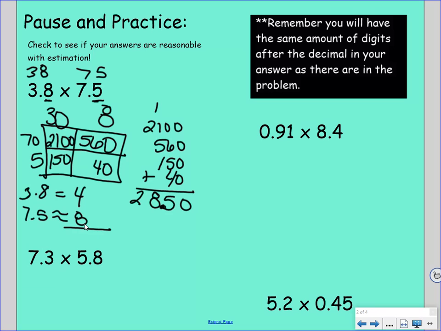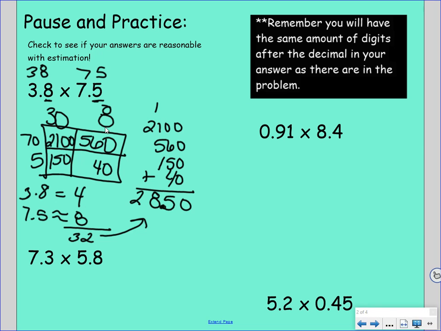What is 4 times 8? 32, which is not too far off from 28. So I'm going to think, okay, this went up quite a bit. 7.5 turned into 8. So I'm thinking this is still a pretty reasonable answer. If I really wanted to, I could go back and double check my work, and that's what I'm going to do.